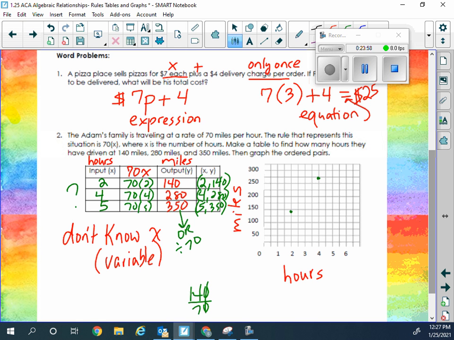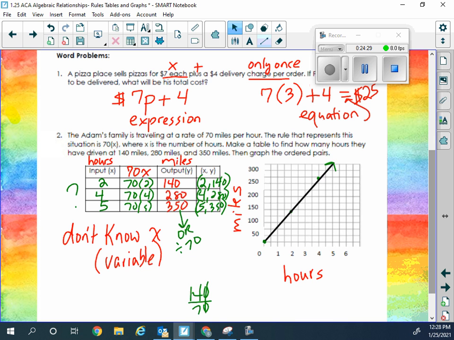So even if you're going to end up going 70 miles an hour, if you haven't gone any miles, you haven't traveled, you haven't gone anywhere. It's 0, 0. So I would also add that point here, because to make a straight line, we really do need 3 points, just to be sure. Okay, and then you could connect those. And we know that 351 is off the chart. Okay? Okay. Questions, you guys?